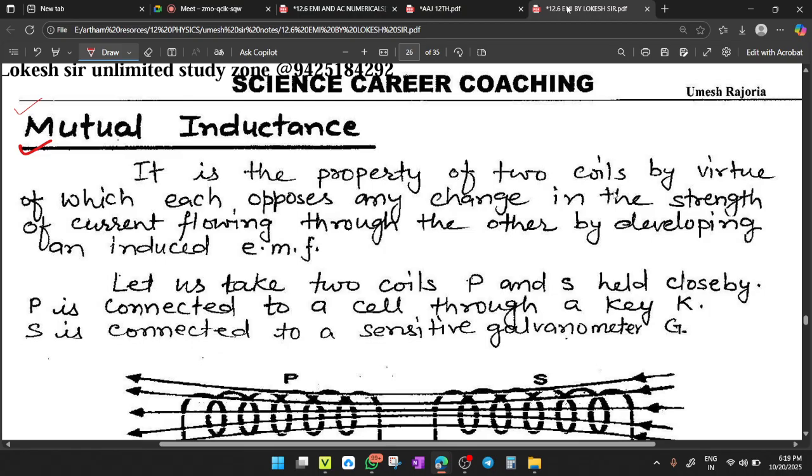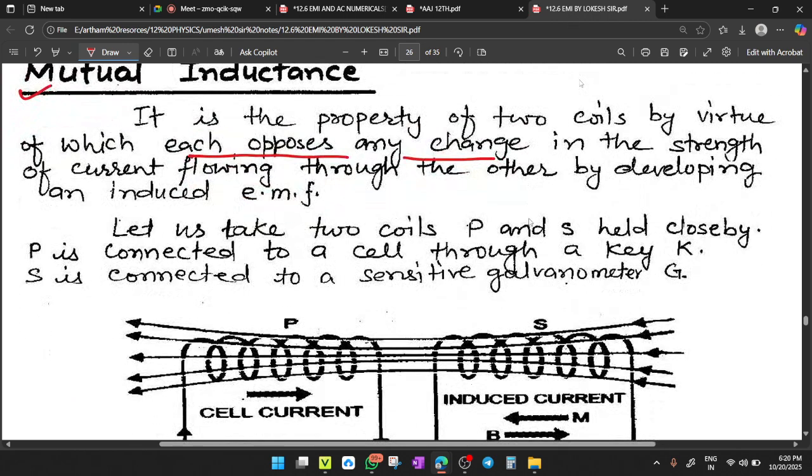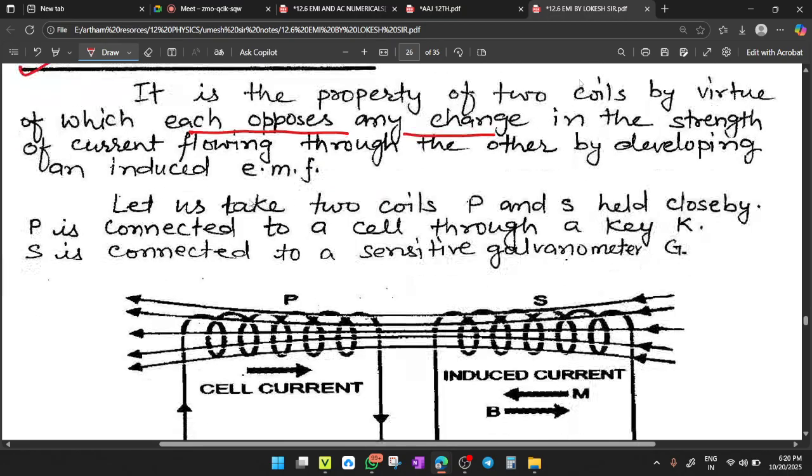It is the property of two coils by virtue of which each opposes any change in the strength of current flowing through the other by developing an induced EMF. Once again, it is the property of the two coils by virtue of which each opposes any change in the strength of current flowing through the other by developing an induced EMF.